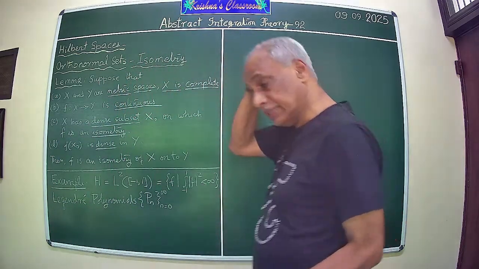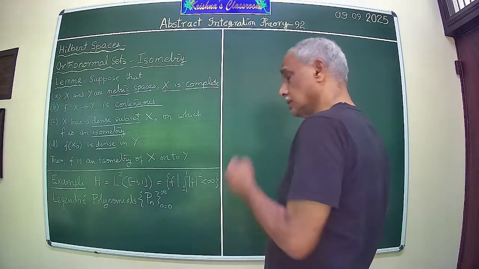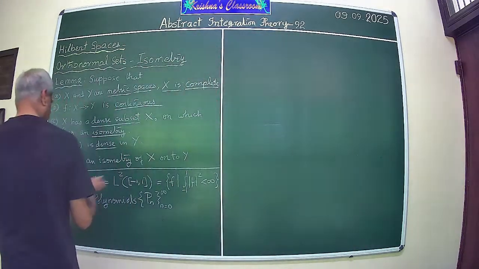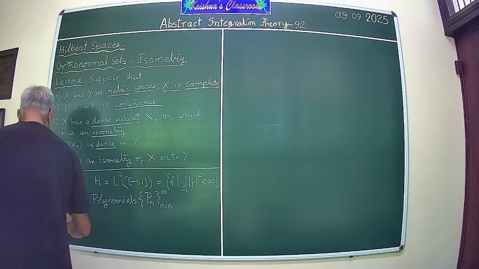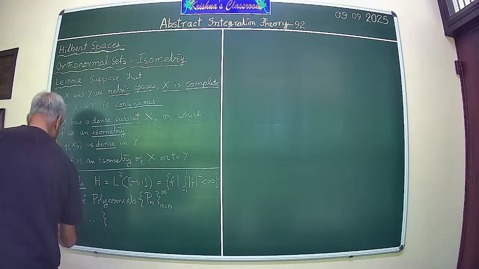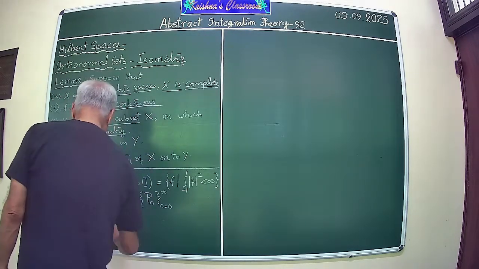Now you know that the Legendre polynomials are obtained through the Gram-Schmidt process. So we consider the following functions: 1, x, x square, etc., the polynomials contained in this space.